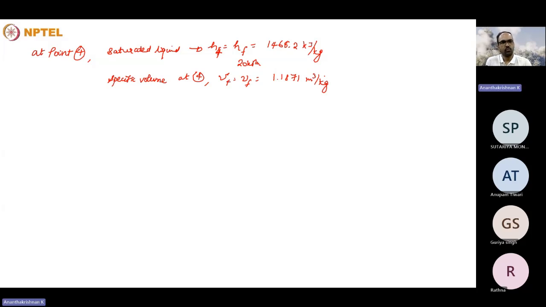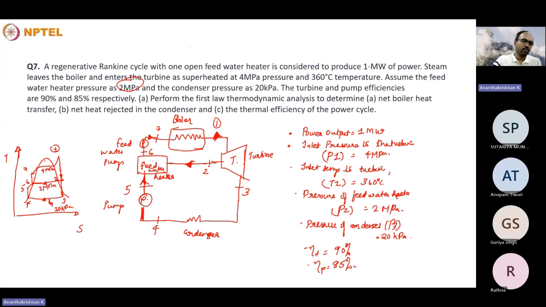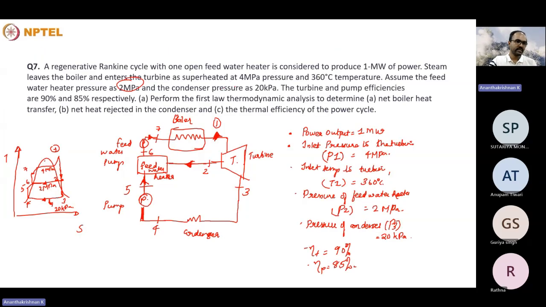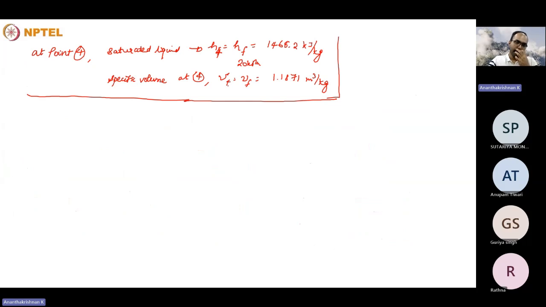So we know both these points. The way in which normally we calculate the work done in the pump will be in terms of the specific volume at the point 4 multiplied by the pressure difference between point 5 and point 4. So we know the value of nu, and since it is water, we do not expect the specific volume to change much during the pressure pumping process.